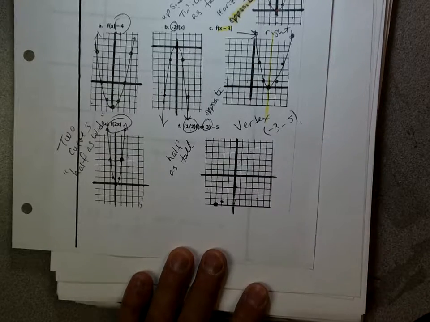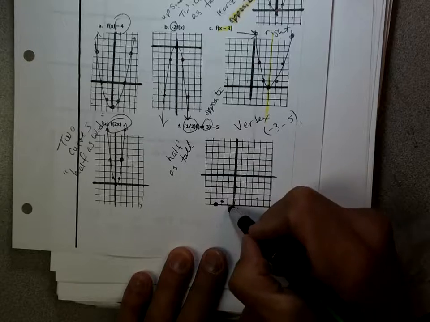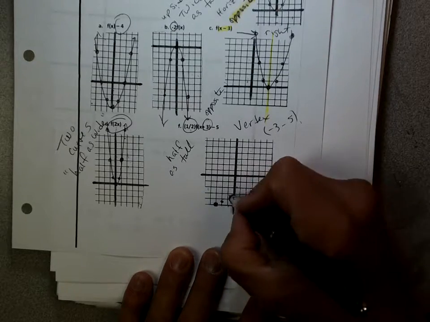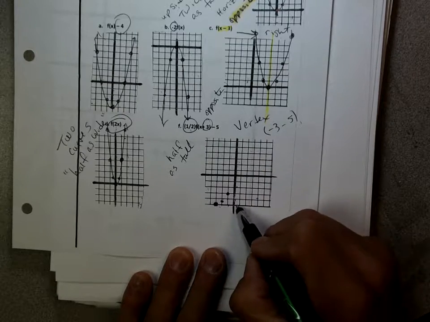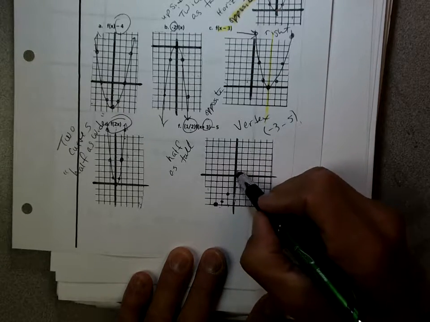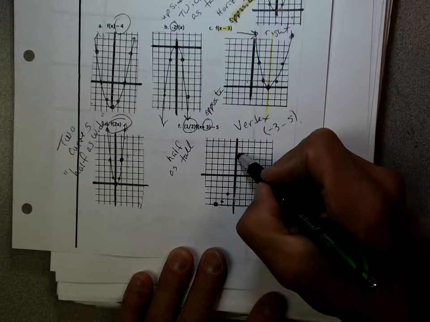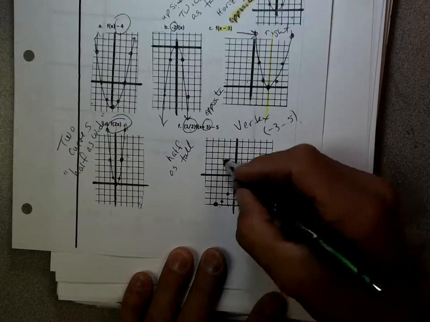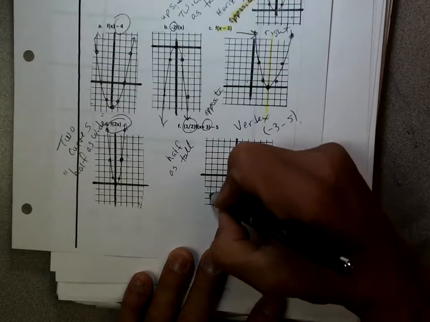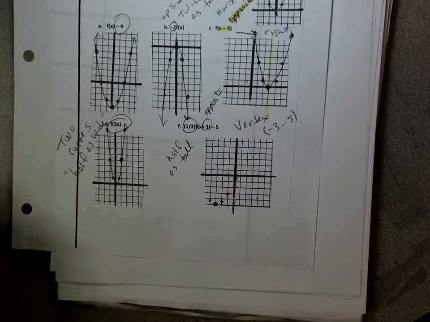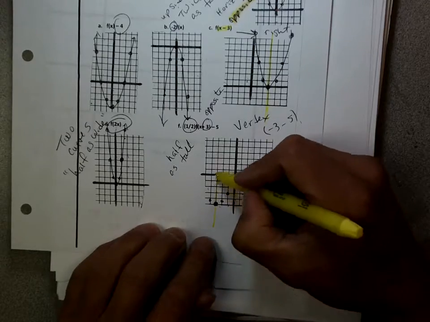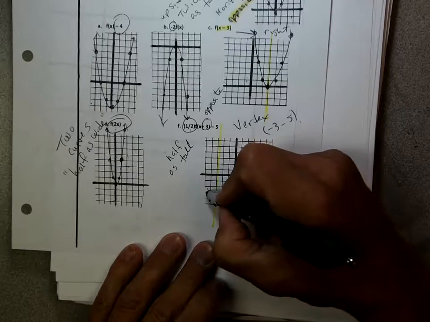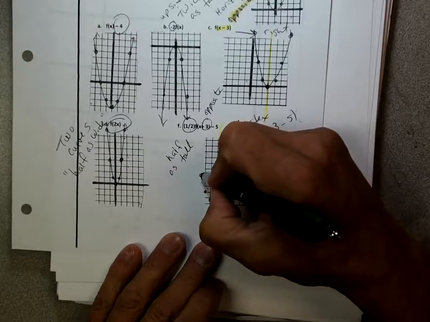So instead of going 2, 4, I'm going 2, 2. Instead of going 3, 9, I'm going half as tall, so 3, 4.5. Then I'm just going to reflect it over the line of symmetry. There's its line of symmetry, so I can reflect these points and reflect this point.